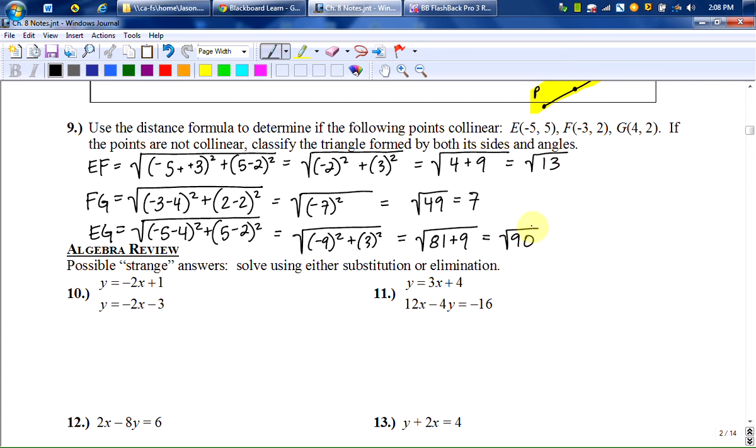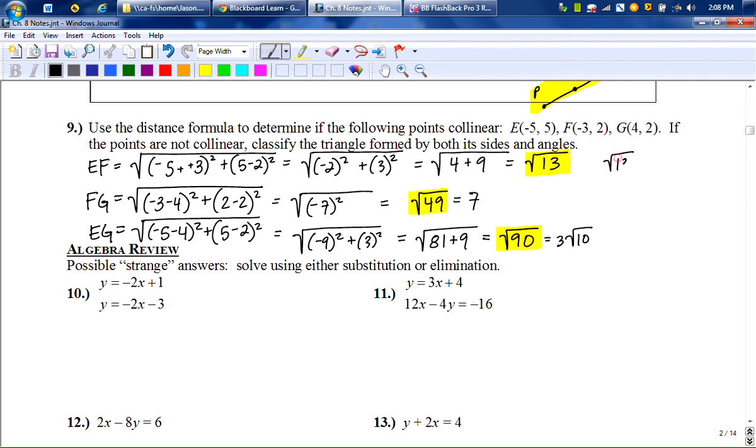Okay, and what I can see here, and I can simplify this one down, but it's not going to make a difference. I can also tell, first of all, that these are not going to be collinear, because the only way that these radicals are going to add up and equal maybe one of the other ones is if they have a common inside or a radicand. In order to check that they won't add up, I also need to be able to compare sort of the size of each one. This one's the smallest, this one's the middle, and this one's the biggest.